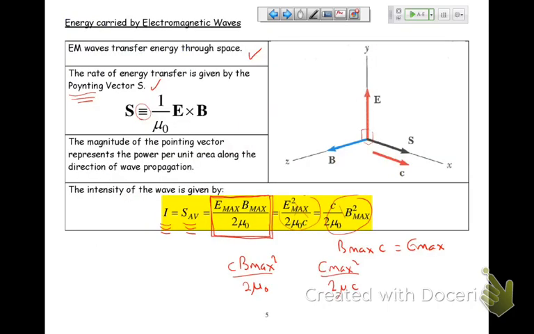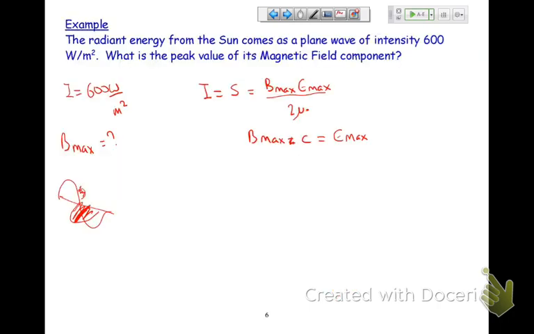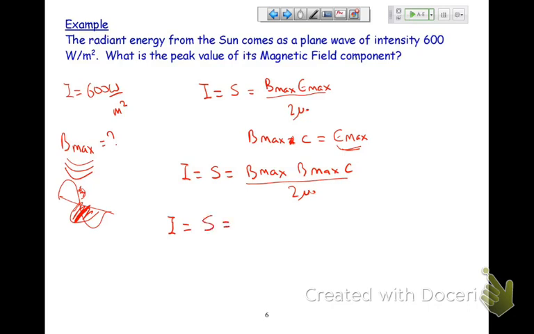So Bmax c is equal to Emax. Then I is equal to S, and I want Bmax, so I want to get rid of my Emax. So I'm going to say Bmax c over 2 mu naught. So I is equal to S, which equals Bmax, and that's what I want to find out.